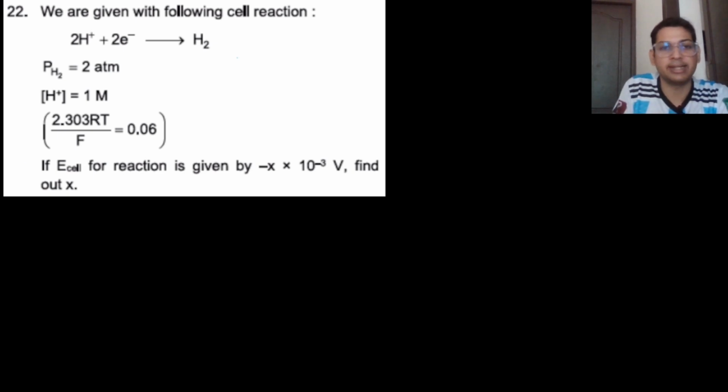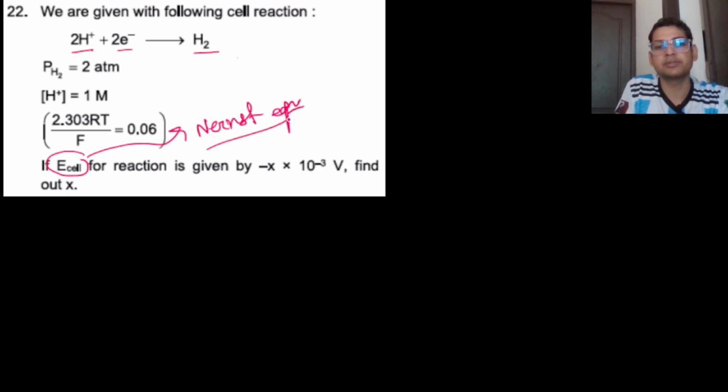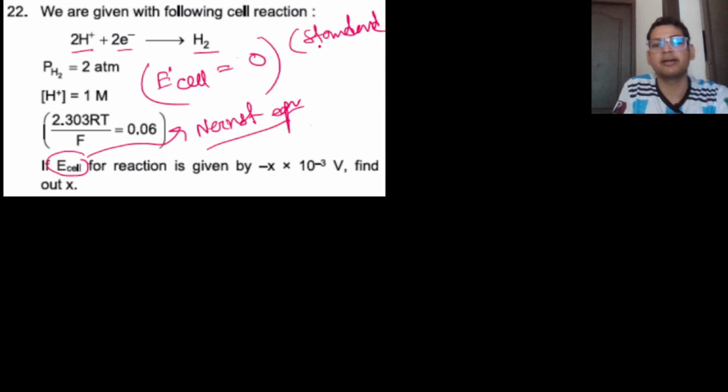This question, I like it. So H plus plus H2, from here H2. It was given the E cell. E cell you have to calculate, and whenever you have to calculate E cell, you have to use Nernst equation. But for E cell, we need E naught cell. Sir, for the standard hydrogen electrode, E naught cell value is 0, as it is a standard state.